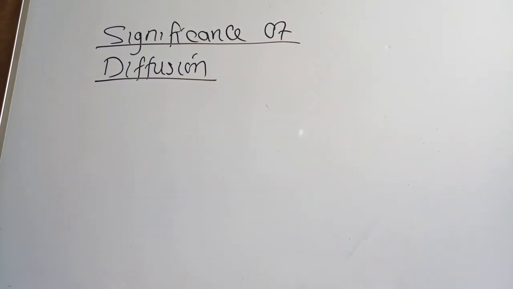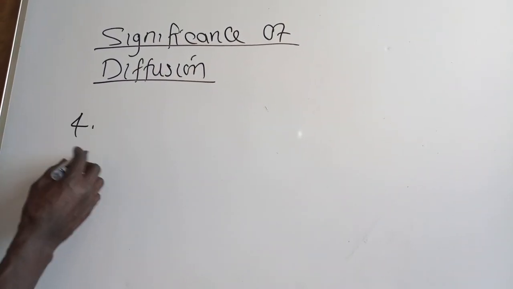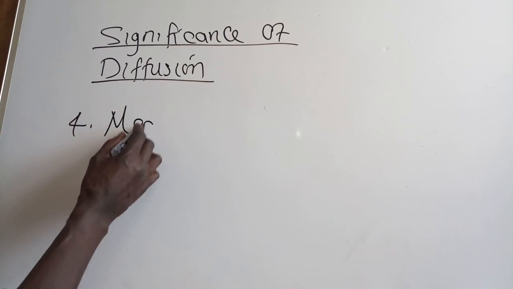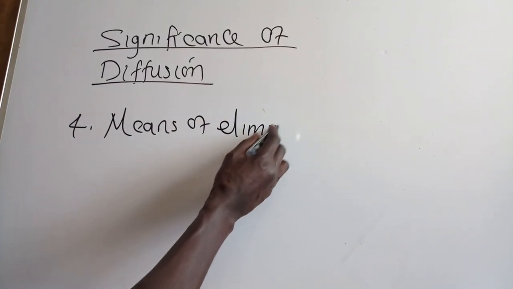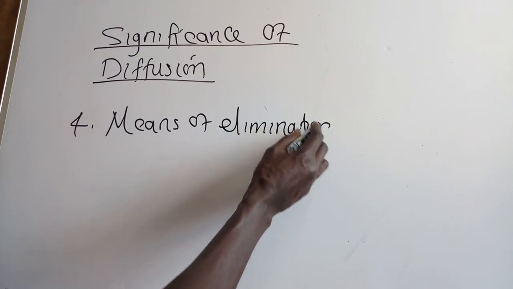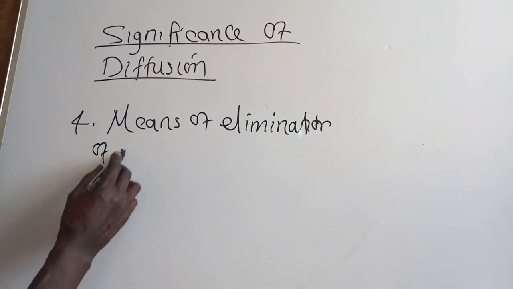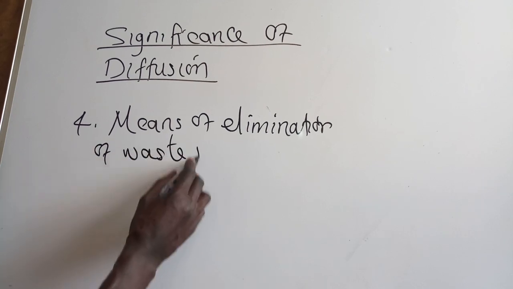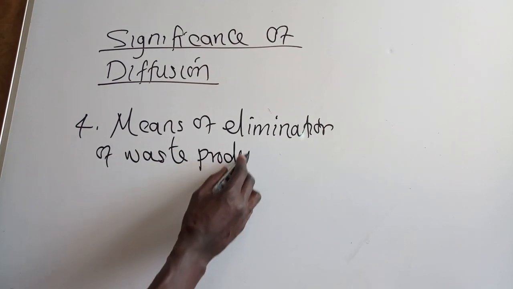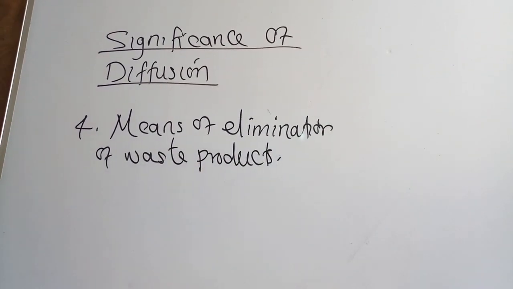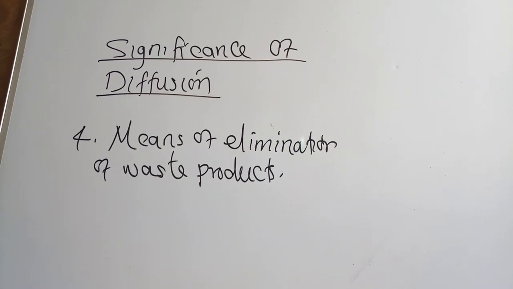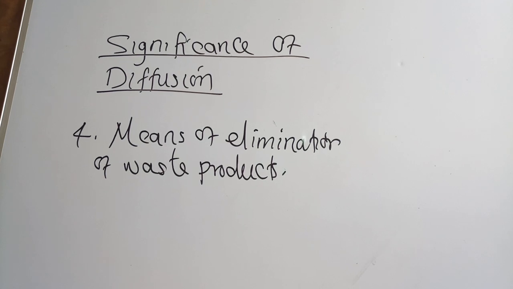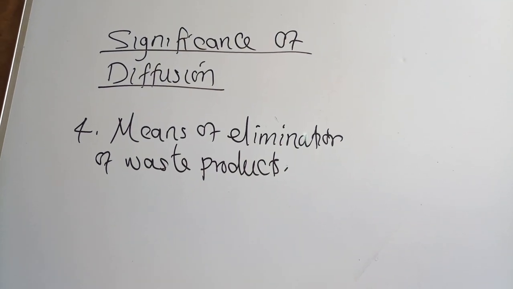Then the fourth significance of diffusion is means of elimination of waste products. Once waste products have been produced, maybe after several different types of metabolic reactions taking place in the body.